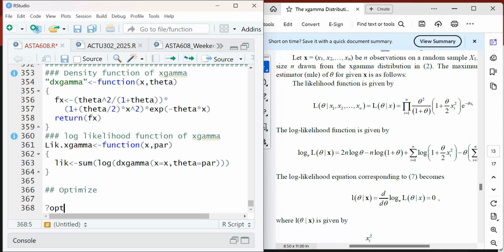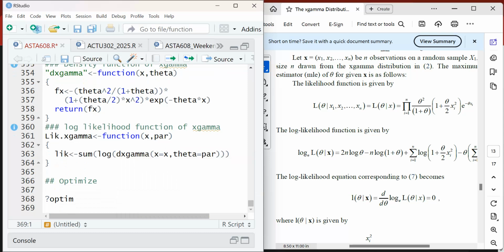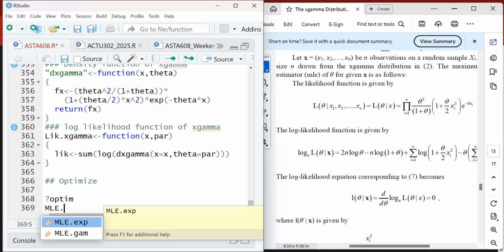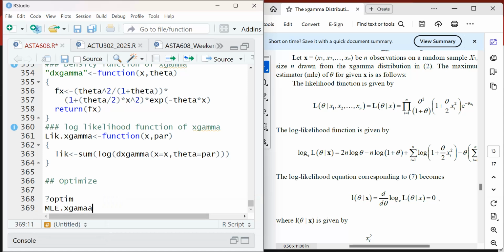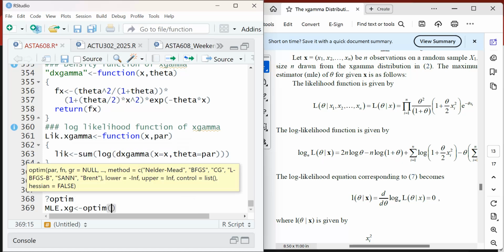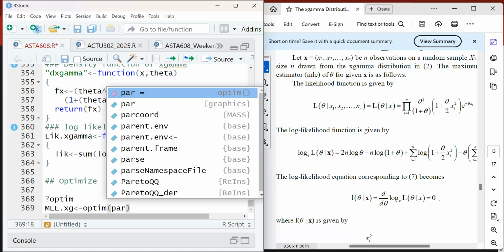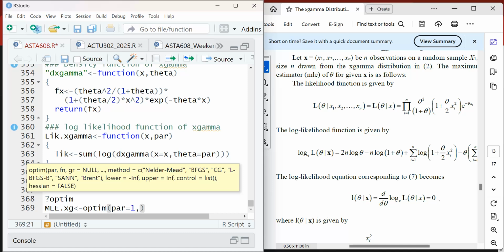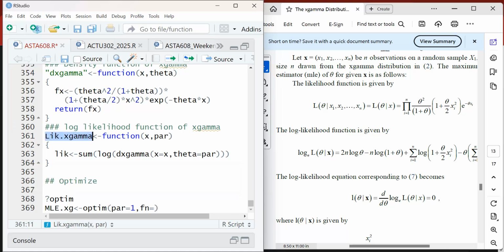I think we all know what the optim is. But I'll call it mle.S gamma, or SG, will be equal to optim. Then I'll have pi, let's say I take 1. The fn will be equal to this function.